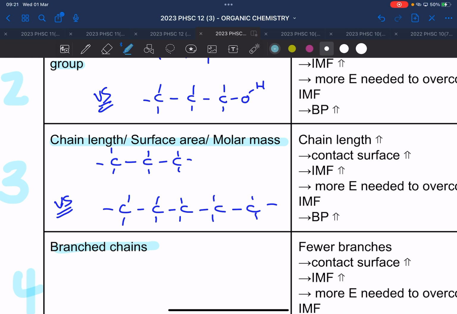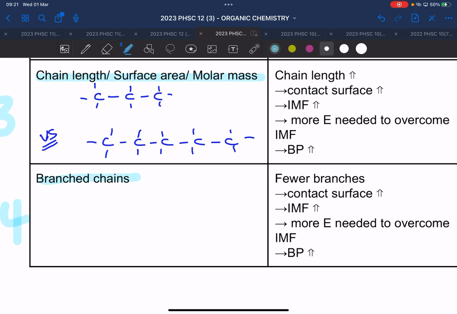They're both alkanes. So we're comparing an alkane with an alkane. It's not an alkane with an alkene or an alkane with an alcohol. So same homologous series. This one is just longer. So you can either say it has a longer chain length, or a bigger surface area, or a bigger molar mass. They're all linked with one another. If the chain length is bigger, then the contact surface is bigger, or the surface area is bigger. Thus it has stronger intermolecular forces, and so on.